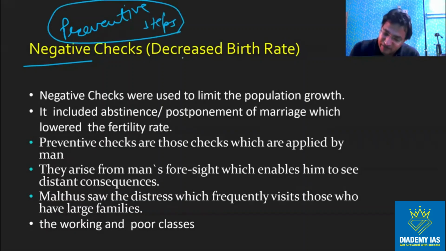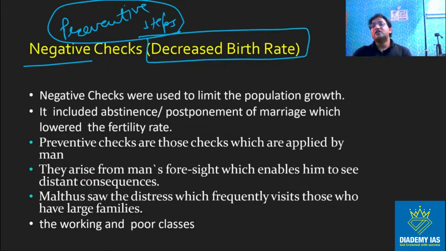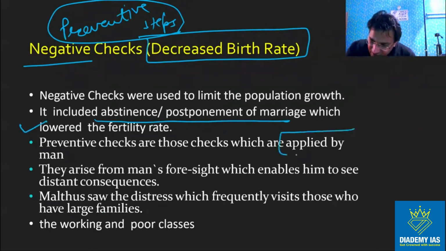Under this preventive step, we try to decrease the birth rate. तो हम लोग birth rate को कम करना शुरू कर दें. Birth rate कैसे कम हो सकता है? Through abstinence or postponement of marriage, which will lower down the fertility rate. Right? These are the checks which are applied by the human being. So these are the man-made steps. Right?